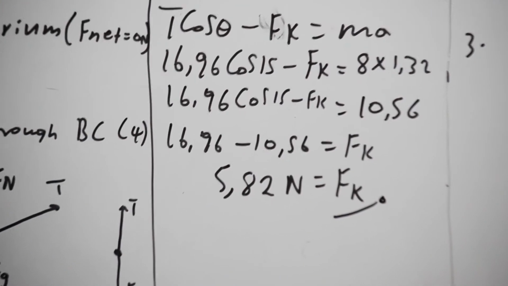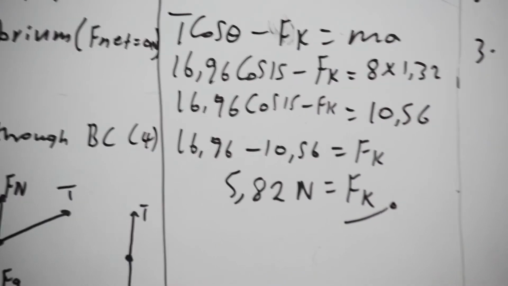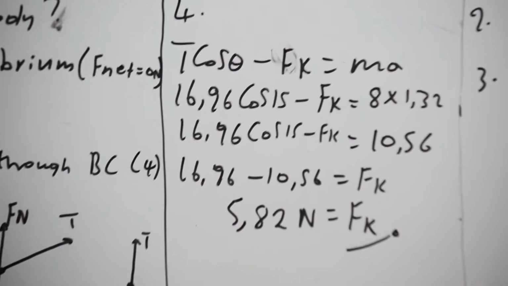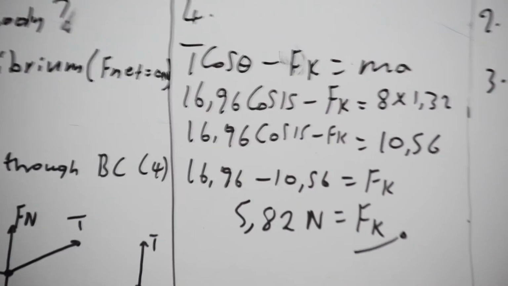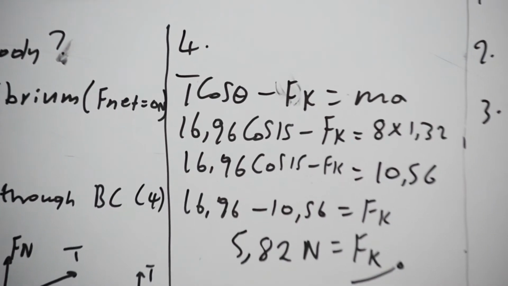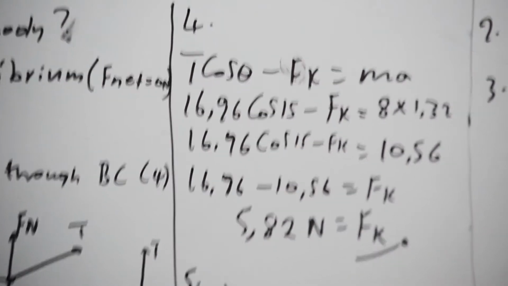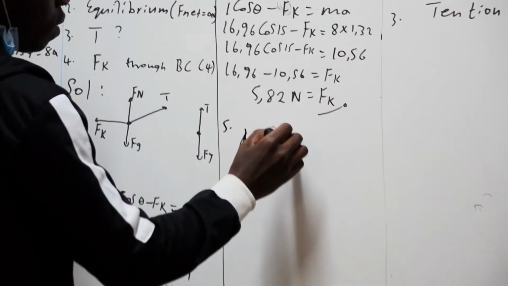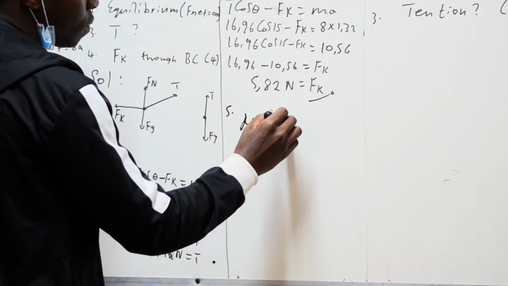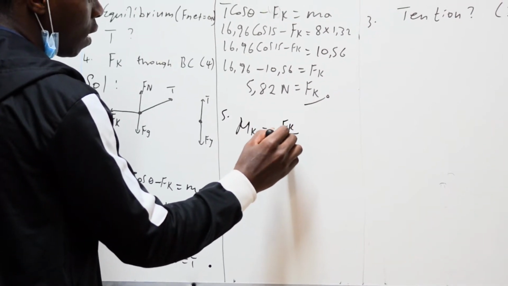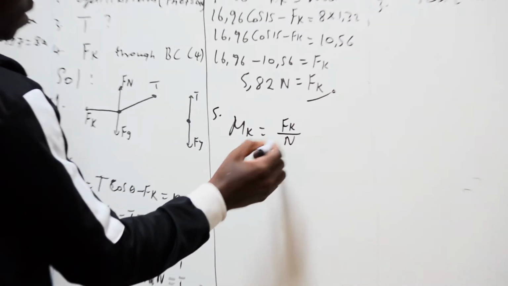So please guys, make sure you calculate everything. You can try yourself and change some questions. Like if you want to find the coefficient, let's say an extended question, mu k is equal to Fk divided by N. You see, you can do this.